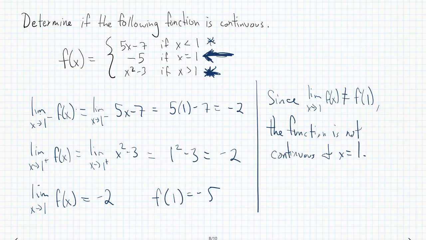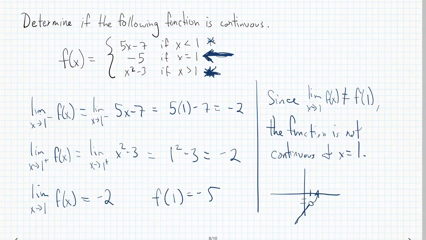And if you're wondering what this looks like, in terms of the graph, let's see, x squared minus 3. Okay, so as we're at 1, you get something like this, and then 5x minus 7, so you'll be going there.